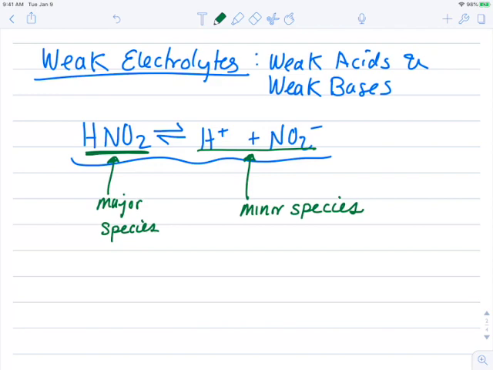In chemistry, we just mean it as some type of chemical. So the major species will be the entire acid put together because very little of it breaks up at any given time. The minor species are going to be the ions because we get only a little bit of those ions. So questions on anything so far here?